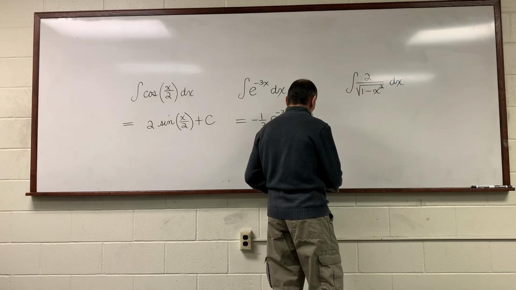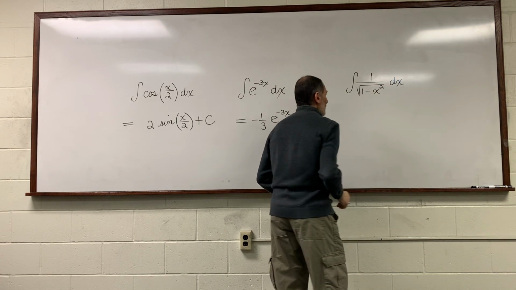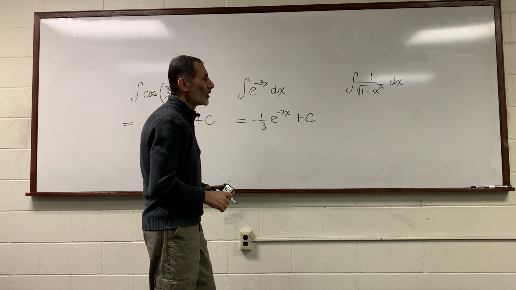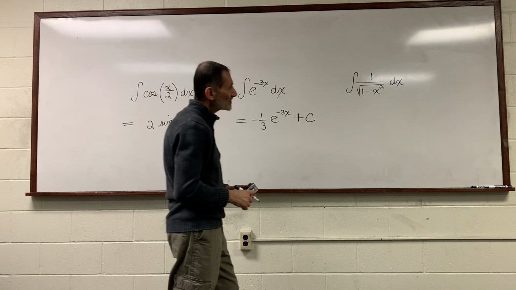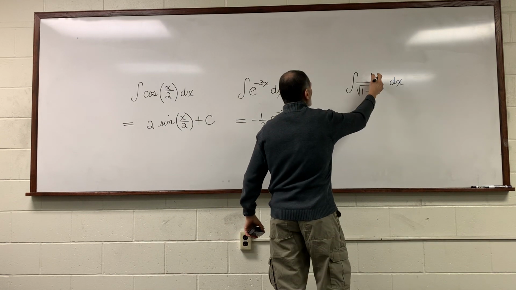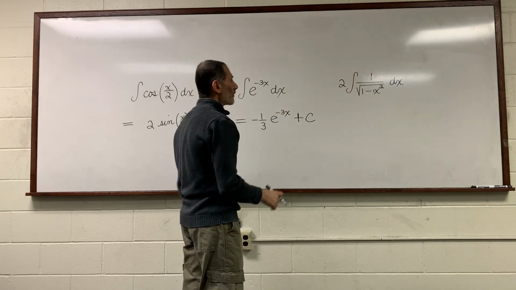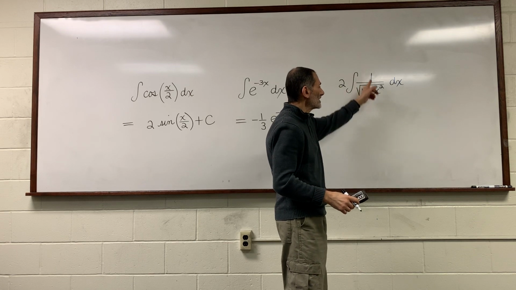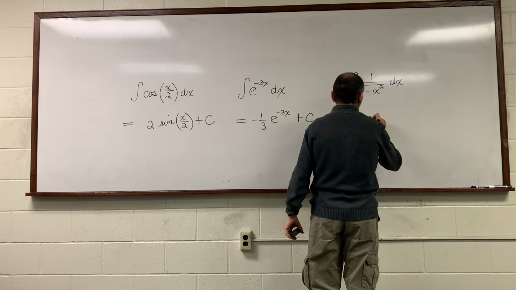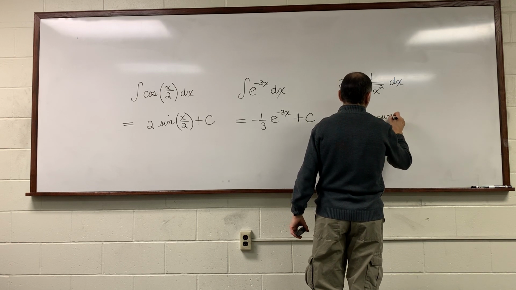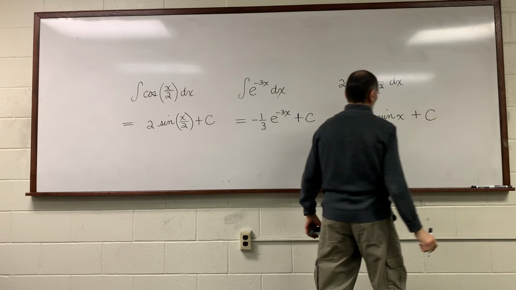If this had said 1 over the square root of 1 minus x squared, our antiderivative would simply be arc sine x. But it says 2. Well, with antiderivatives, you can pull out a constant multiple. So the antiderivative of 2 over the square root of 1 minus x squared is 2 times the antiderivative of 1 over the square root of 1 minus x squared. And what do we have here? We have 2 inverse sine or arc sine x plus c.